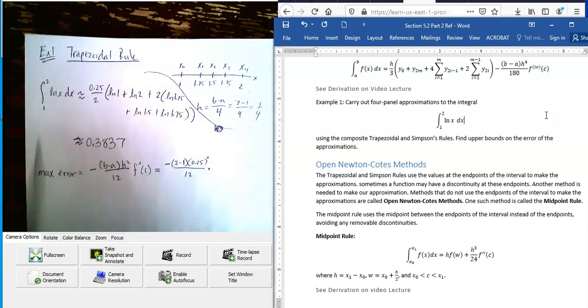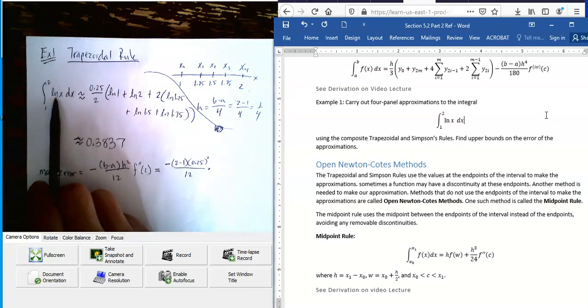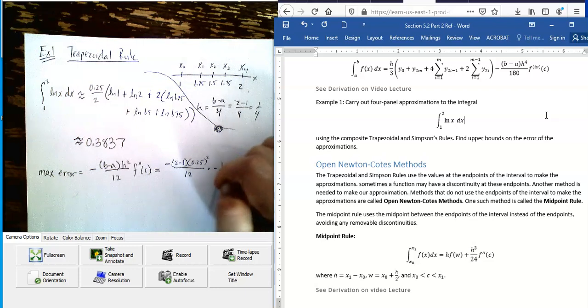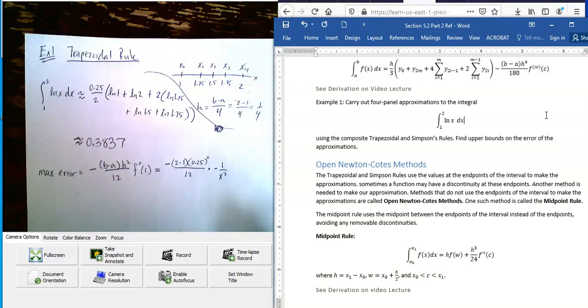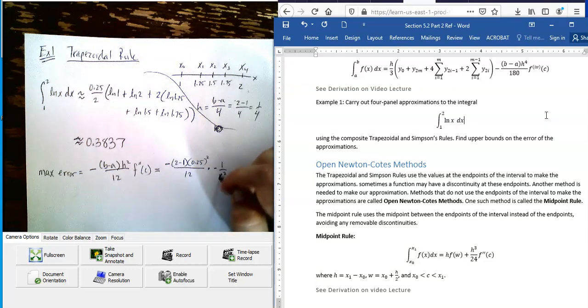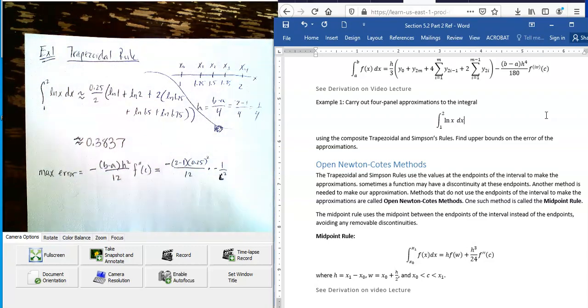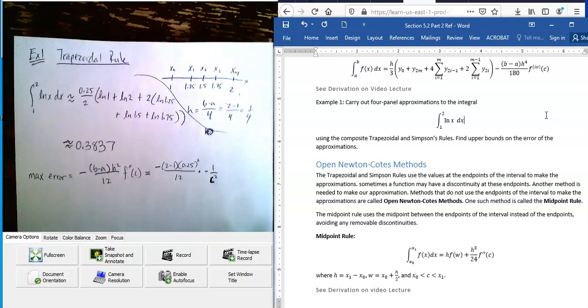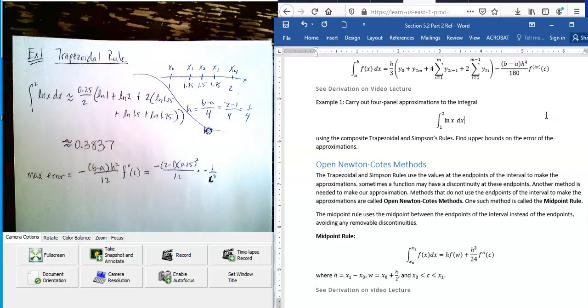So what's the second derivative of the natural log? Well, the first derivative is 1 over x. The second derivative would be negative 1 over x squared at c. Okay. So on top, let's see what we'll get.